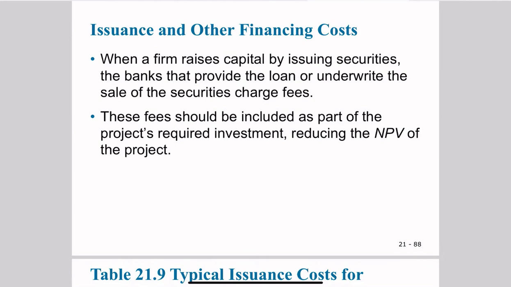For example, if the firm wants to finance its investment with equity, the bank underwriting this security issuance will charge a fee, and the firm has to pay it. The fee charged by the bank is a transaction fee. It is a type of financing cost.